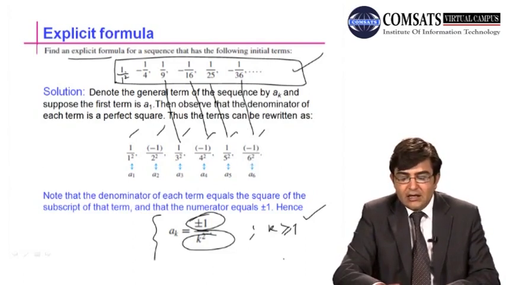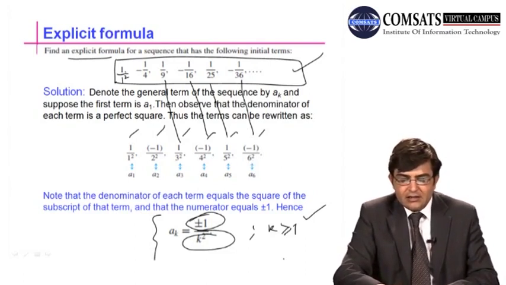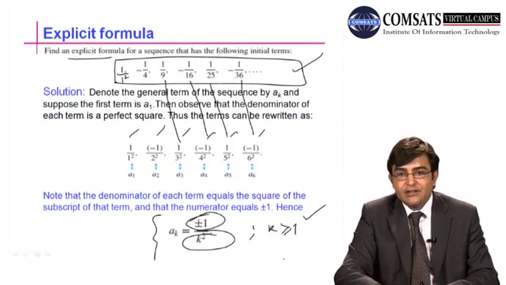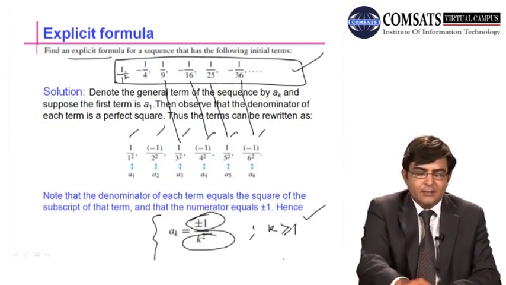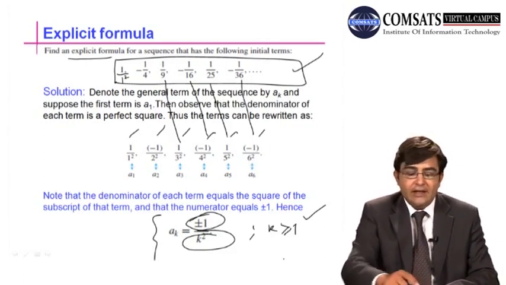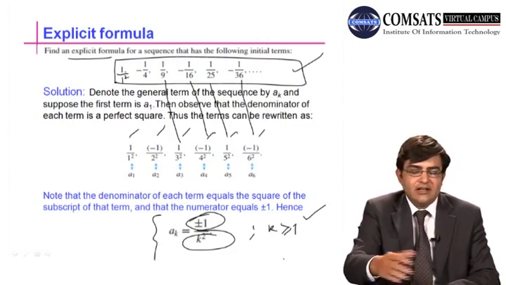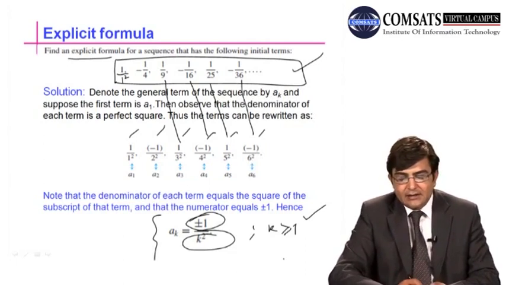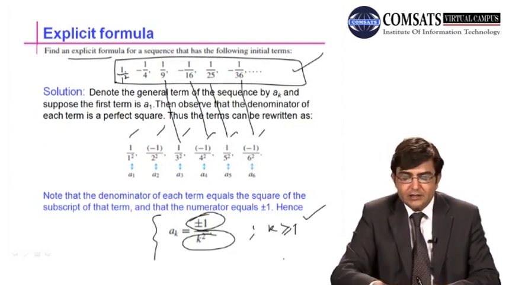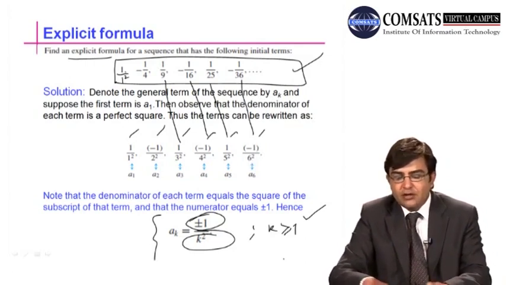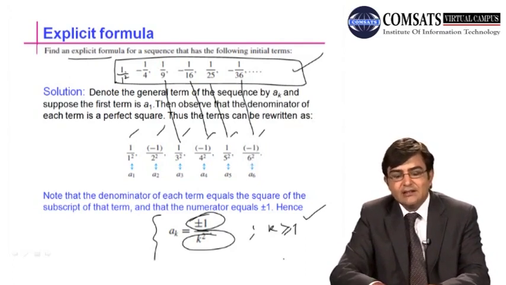Until here we haven't defined what type of term we write in the numerator, so that we automatically get plus 1 here and in the next term minus 1. In the denominator it's okay: if we put 1 we get 1, if we put 2 we get 2 square, which is 4, if we put 3 we get 3 square, which is 9.